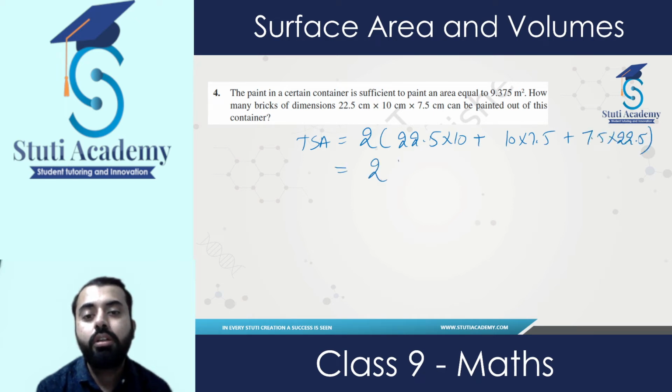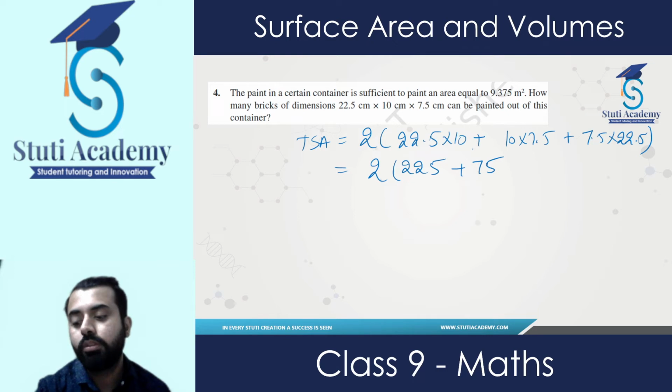All this is 2 into the sum, and here you will be getting 7.5 into 5, so you get 37.5. Right?